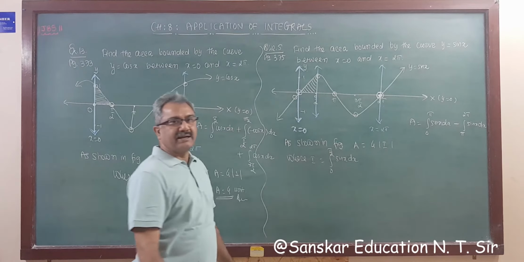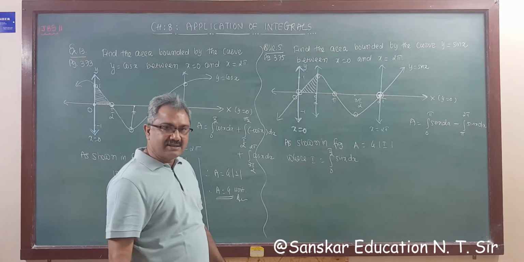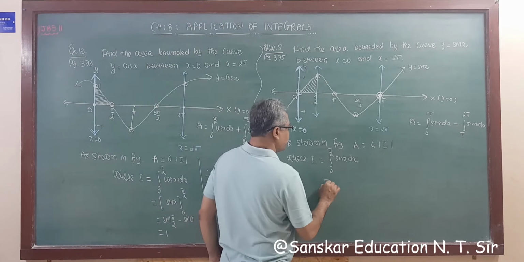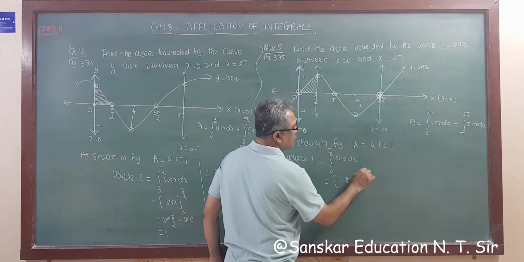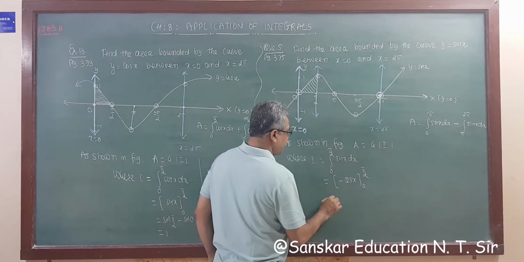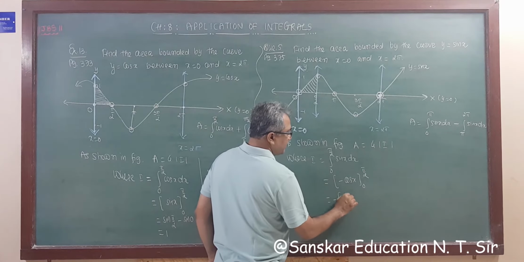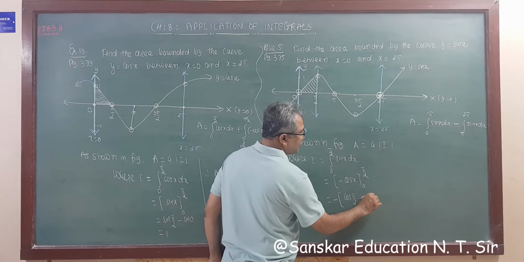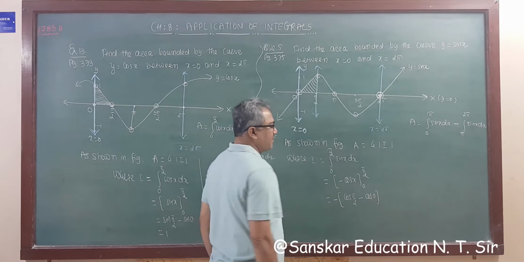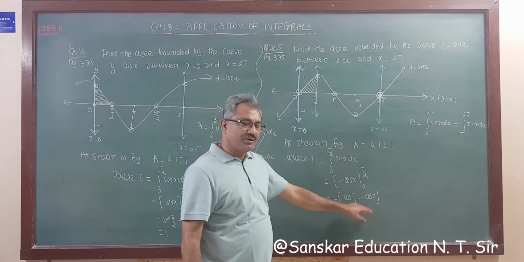dx. Now integration of sin x that you know, it is minus cos x, from 0 to pi by 2. Substituting this value, taking minus common, this is cos pi by 2 minus cos 0. Now cos pi by 2 is 0 and cos 0 is 1.